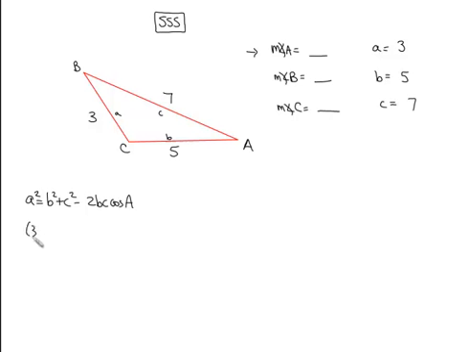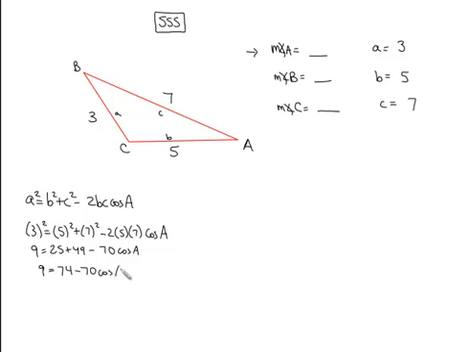So I have 3 squared equals 5 squared plus 7 squared minus 2, 5, 7 cosine of A, which is what we're solving for. So 9 equals 25 plus 49 minus 70 cosine of A. 9 is equal to 74 minus 70 cosine of A. Here's that same danger issue that we talked about on the last problem.